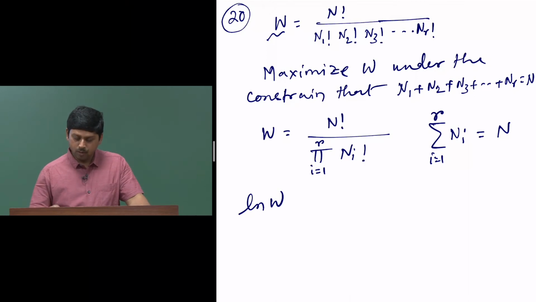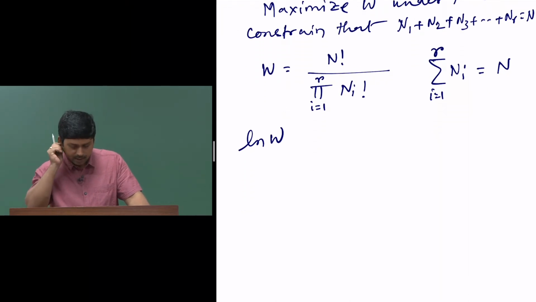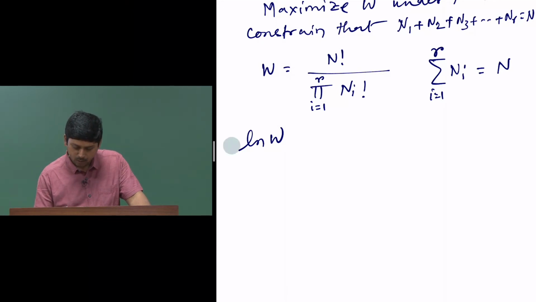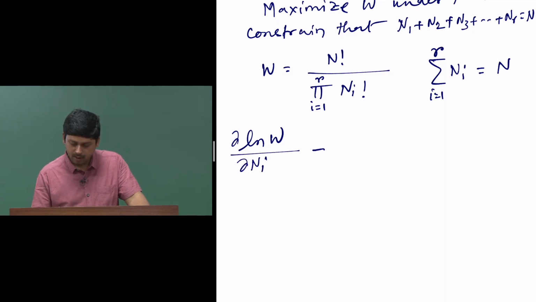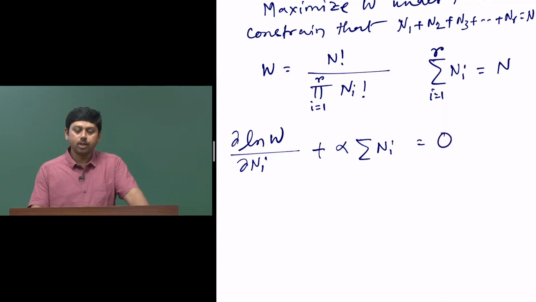As you know from our derivations, we have to maximize ln W, so we have to do del n i under the constraint alpha, that sum over n i is going to 0. As you know, alpha is a Lagrange multiplier, Lagrange's undetermined multiplier. We have to determine the value of alpha such that this quantity holds.